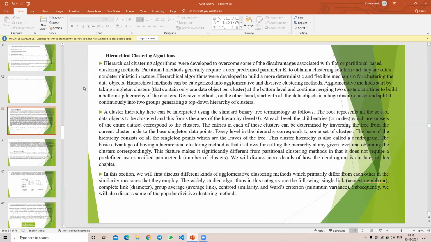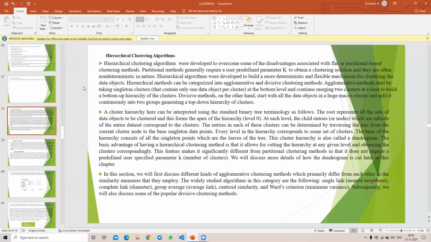Hierarchical methods can be categorized into agglomerative and divisive clustering methods. Agglomerative methods start by taking singleton clusters that contain only one data object per cluster at the bottom level and continue merging two clusters at a time to build a bottom-up hierarchy for the clusters.